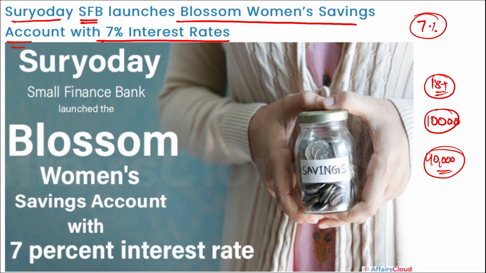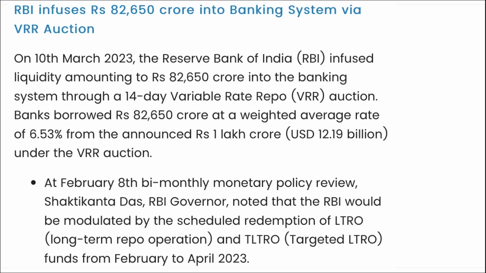All right, next is RBI. RBI has infused 82,650 crore rupees into the banking system via VRR auction. What is VRR? This is your variable repo rate auction.